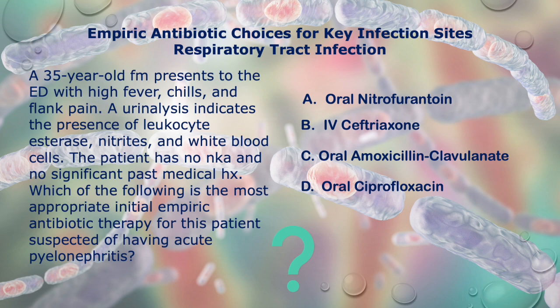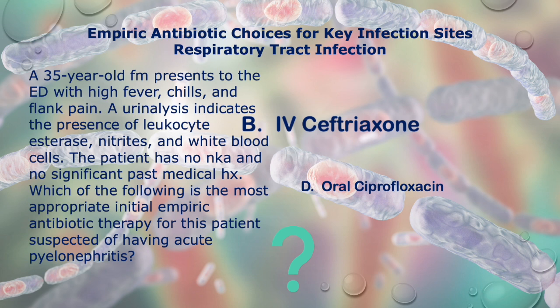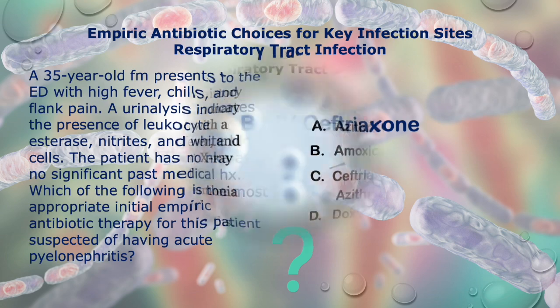What do you guys think? If you said B, IV ceftriaxone, you are absolutely correct. So the empiric antibiotic choices for urinary tract infections, specifically pyelonephritis, are fluoroquinolones or TMP-SMX, with initial parenteral therapy like ceftriaxone in severe cases.